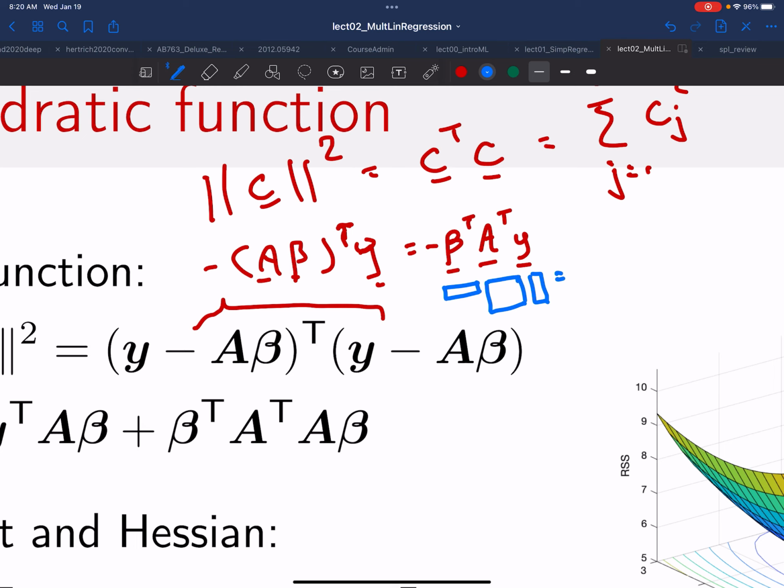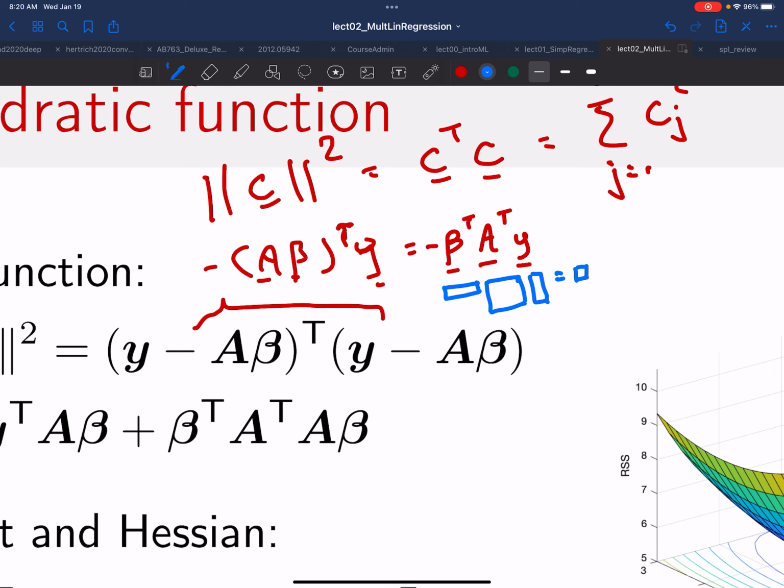When you're done with that multiplication, what are the dimensions? Scalar. Exactly, so this is a scalar. Transposes are usually applied to vectors and matrices, and they flip the rows and the columns. If I transpose a scalar, what happens? Nothing. A scalar transpose is equal to itself.